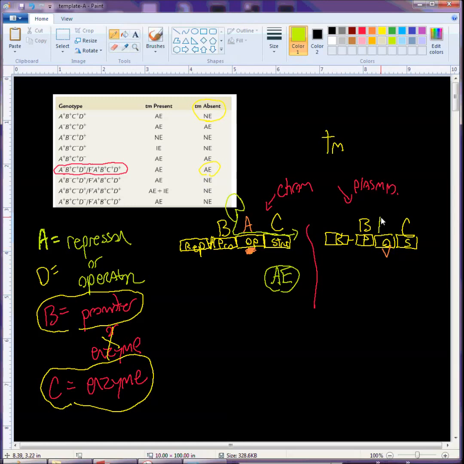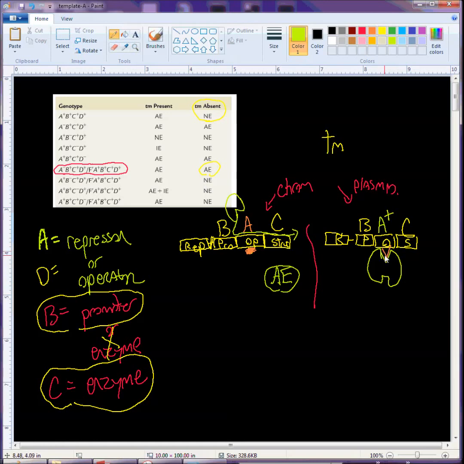So this one, even though A is positive over here, it doesn't matter. It means this one can be blocked by the repressor when the molecule is absent, right?